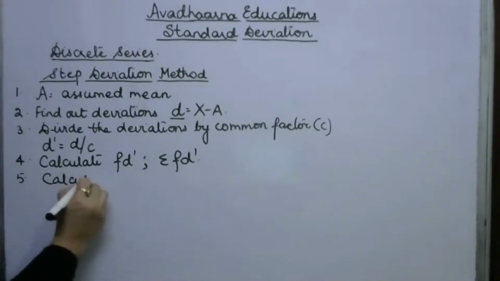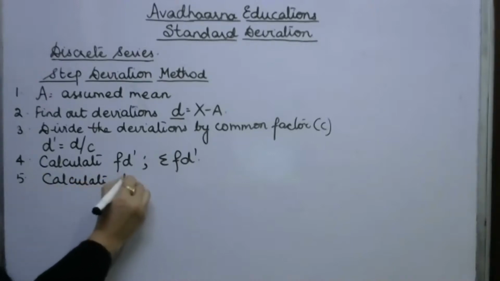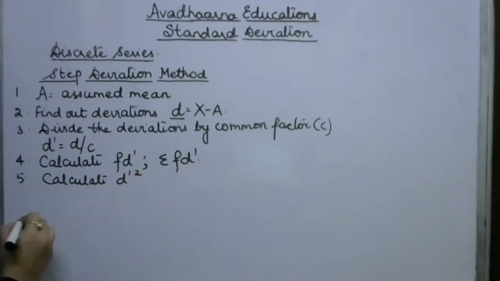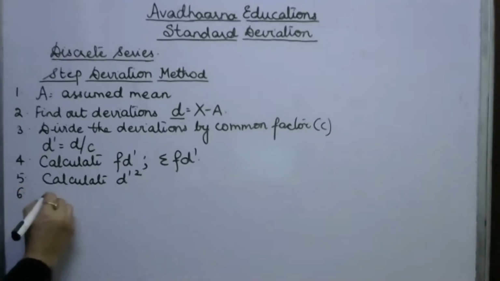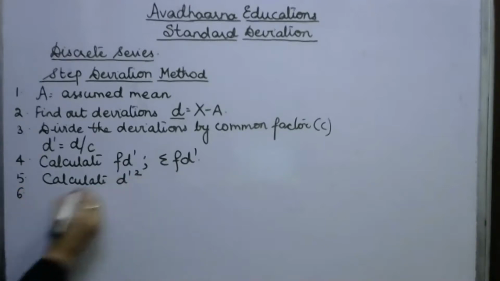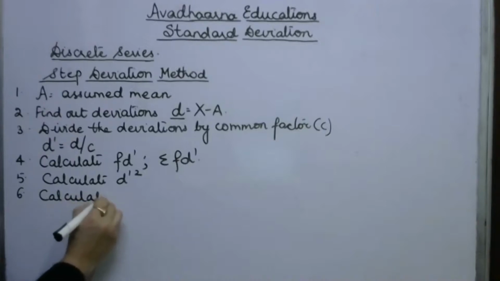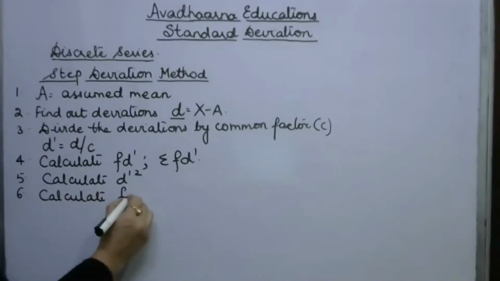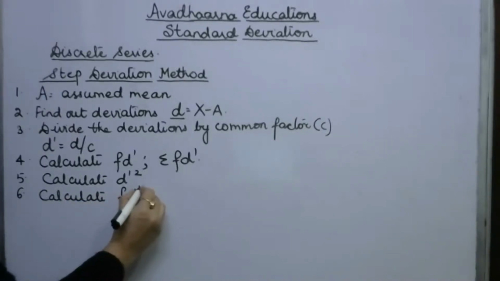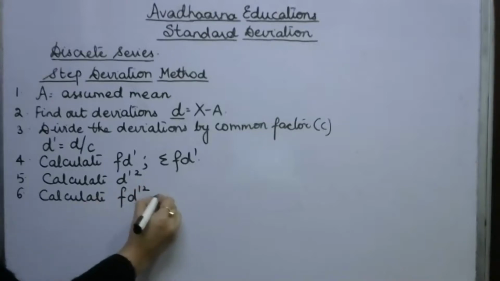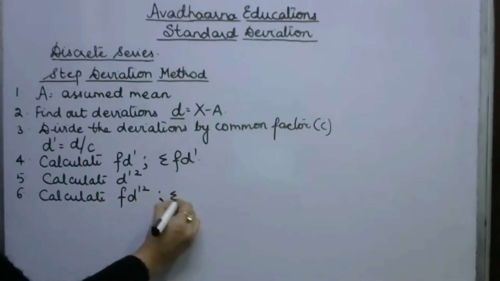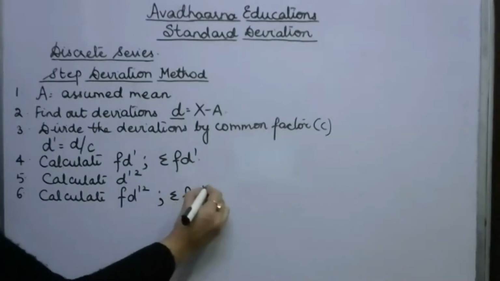So we'll again calculate d dash square. Then in the sixth step, we'll multiply these deviation squares with the respective frequencies and calculate f d dash square. And then we'll take the summation of f d dash square.